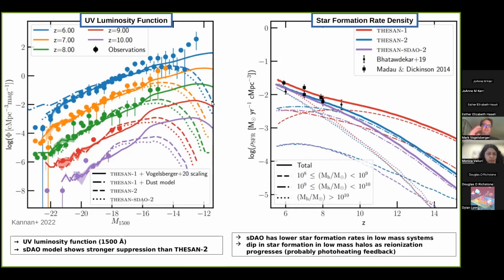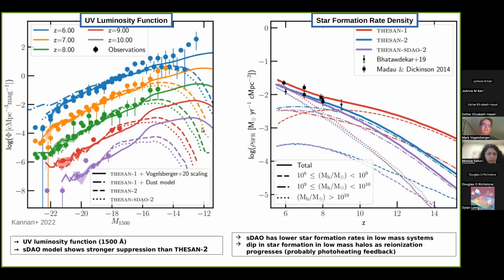Now this bending over you can also see if you change the dark matter nature a bit. If you look at the dotted line, this is actually the SDO model that had this damping in the transfer function. And if you look at this at matched resolution, comparing THESAN 2 and THESAN SDO2, you see that this bends even stronger.